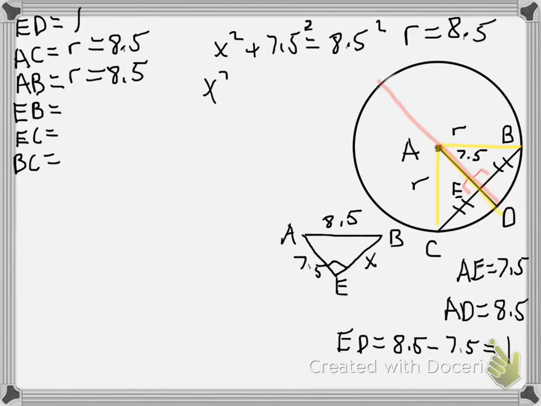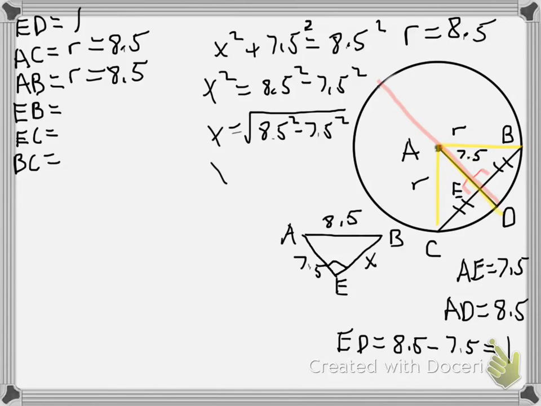I'll get x squared equals 8.5 squared minus 7.5 squared. x is the square root of that. So x is the square root of, and I'll figure that out here on my calculator. That gives me 16, and the square root of 16 is 4. So this is 4 and 4 for EC.